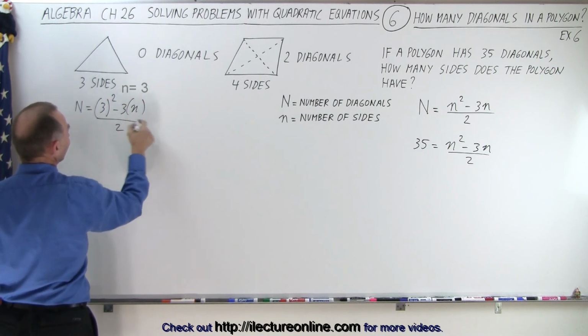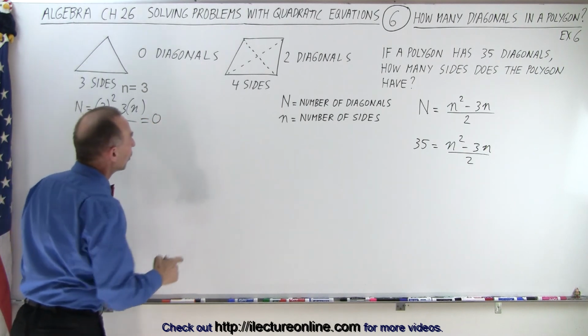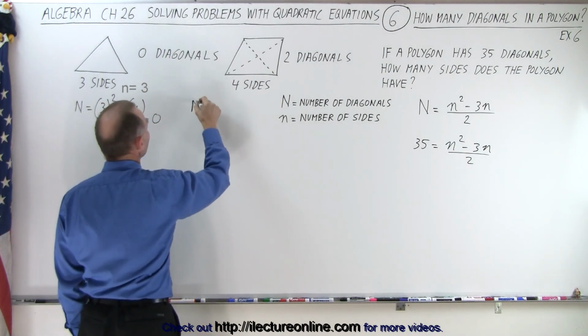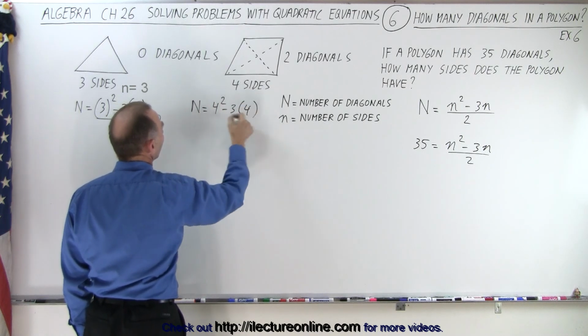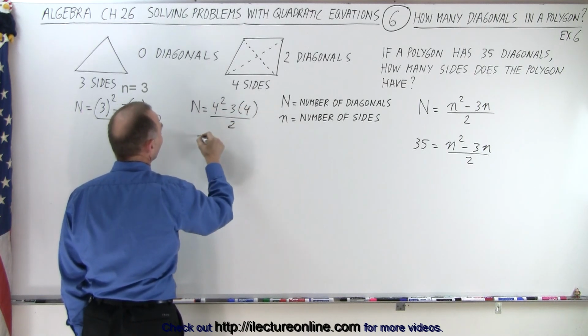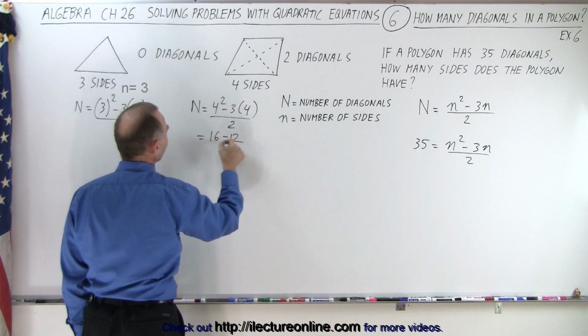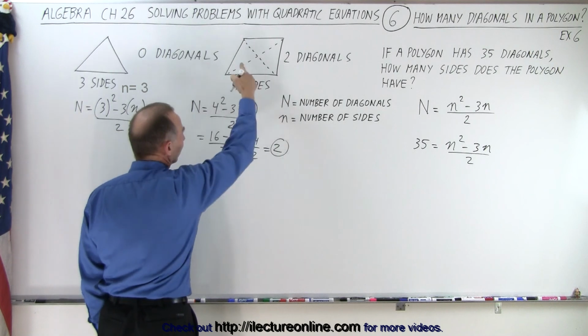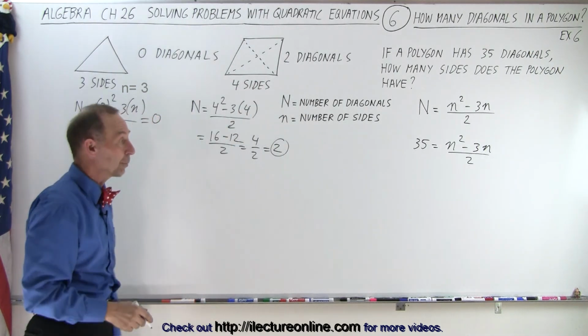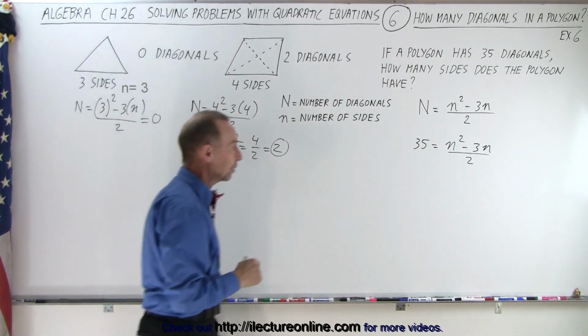So we have 9 minus 9, which is equal to 0. With four sides, N is equal to 4 squared minus 3 times 4, divided by 2. In this case, that's 16 minus 12 divided by 2, which is 4 divided by 2, which is 2. And you can see that clearly matches the number that we have. So let's see over here what we have.